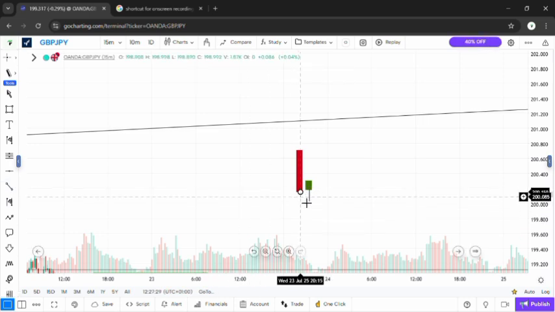Now, there is a clear sweep of the previous candle's low, right?